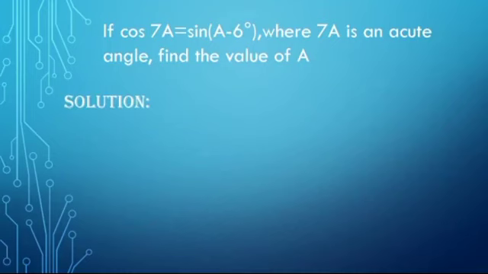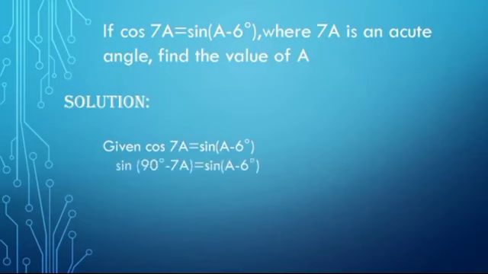In this problem, they are given cos 7A is equal to sin(A minus 6 degrees). But from trigonometric ratios of complementary angles, sin(90 degrees minus 7A) is equal to sin(A minus 6 degrees).